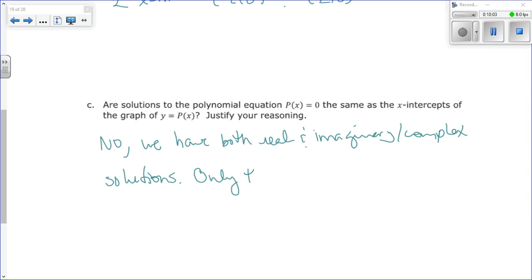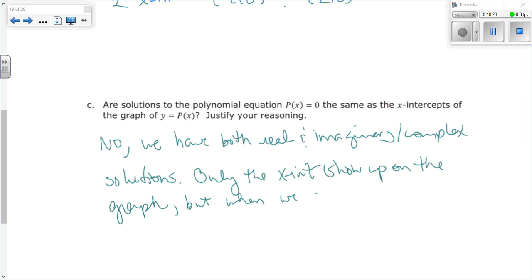Only the x-intercepts show up on the graph. But when we solved algebraically, we had 4 solutions.